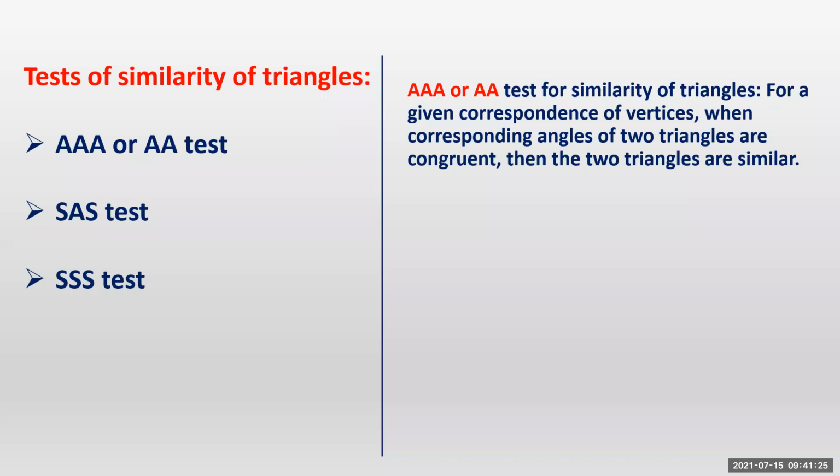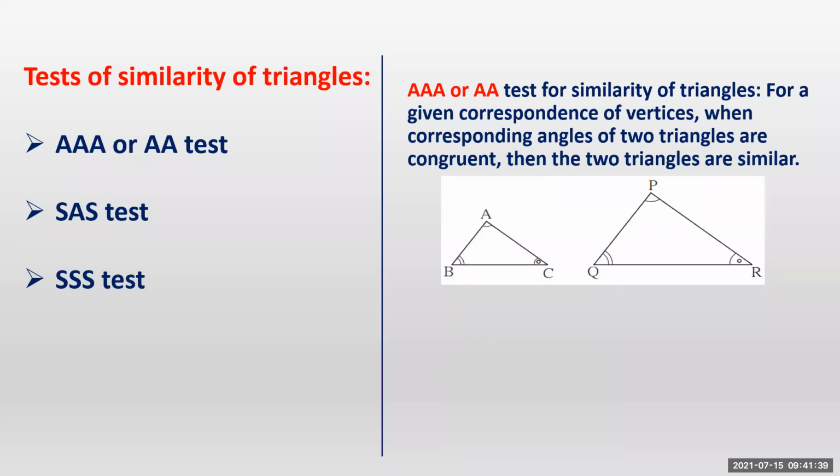Angle, or AA test. The statement of this: for a given correspondence of the vertices, when the corresponding angles of the two triangles are congruent, then the two triangles are similar. Check here. If you look at the figure, check for one-to-one correspondence.